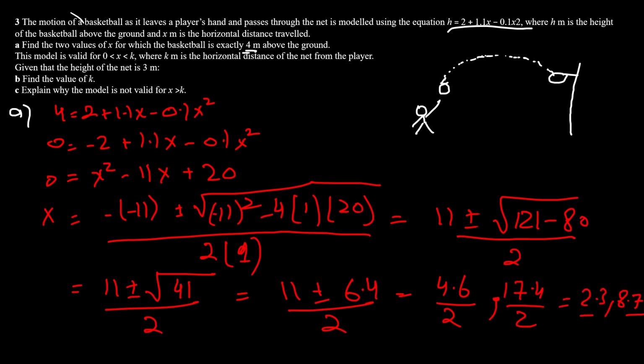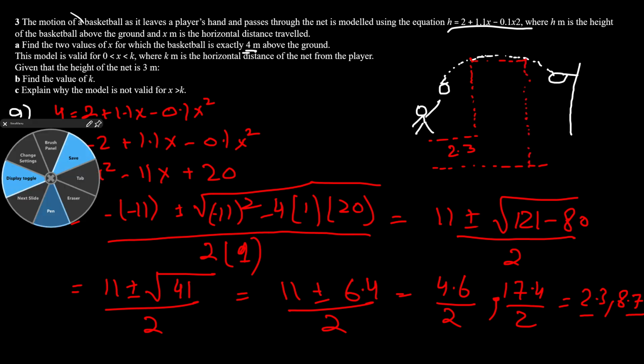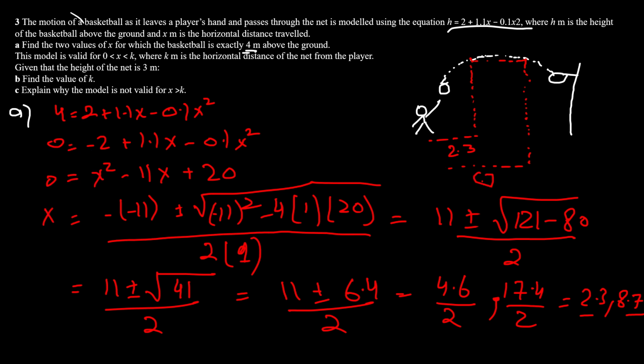So these are the two values of x for which the height will be 4 meters. That is the solution to part A.